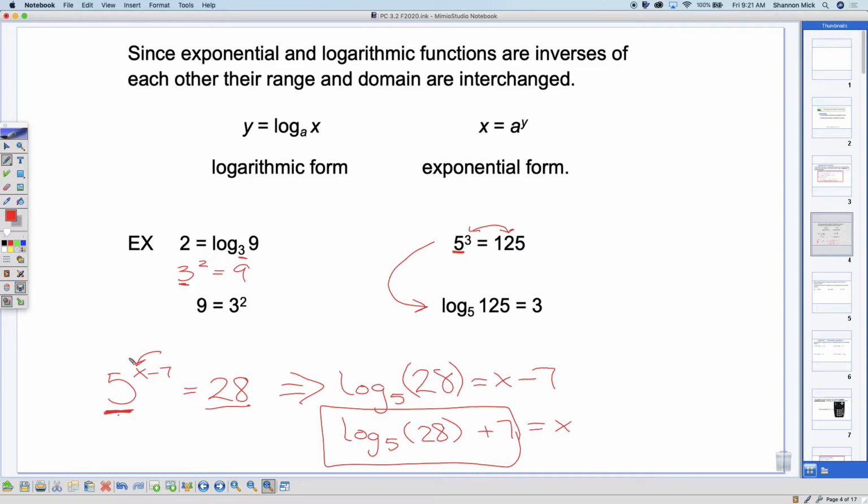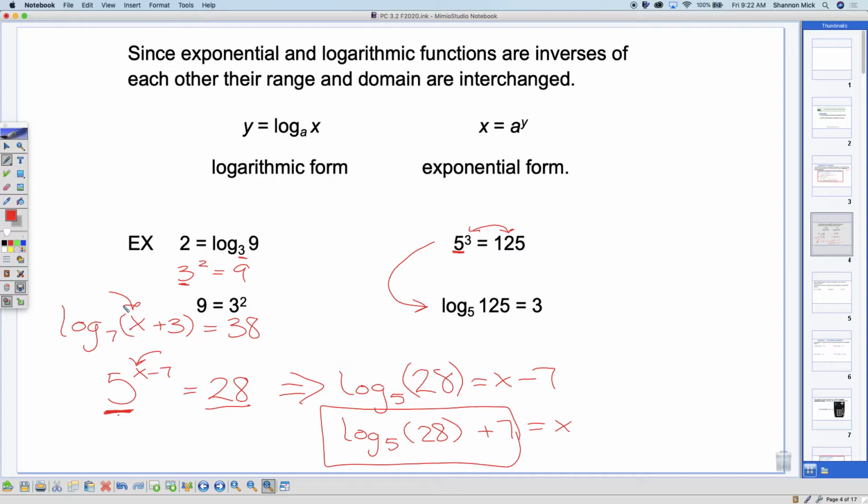So if I had log base 7 of x plus 3 equals 38, I'm obviously solving for that x, yes? Can I get at it? No, it's stuck in there, right?